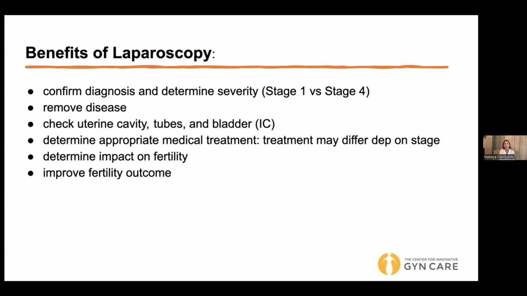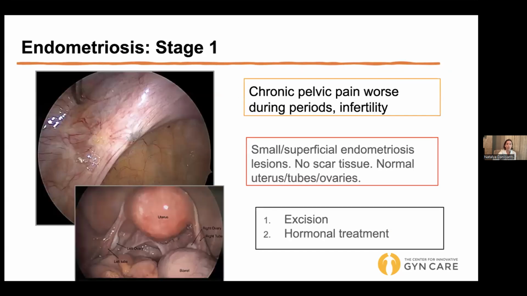But also we want to determine the impact of the endometriosis on fertility and really improve their fertility outcome, even if getting pregnant is not something they want to do right this minute. But the medical treatment after the surgery is going to differ depending on the stage of the disease.